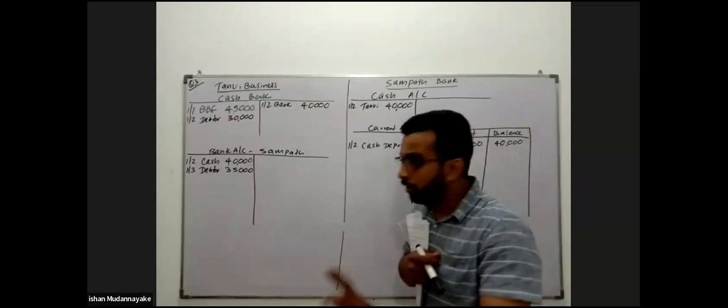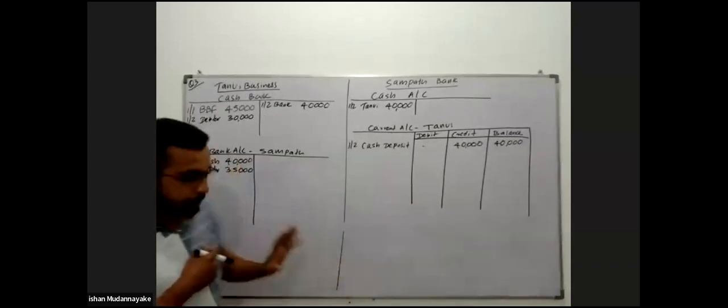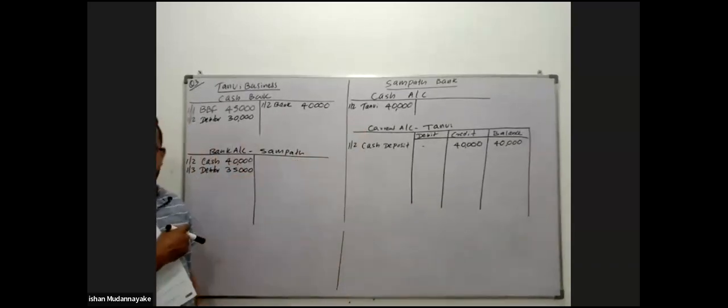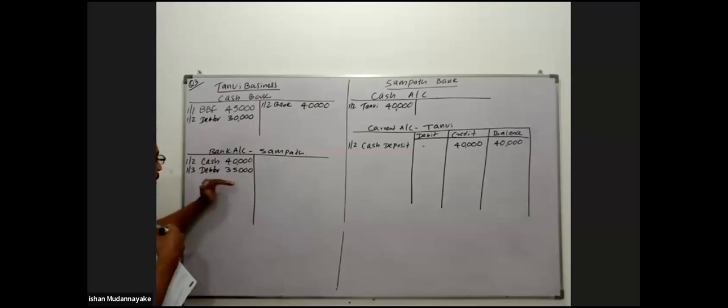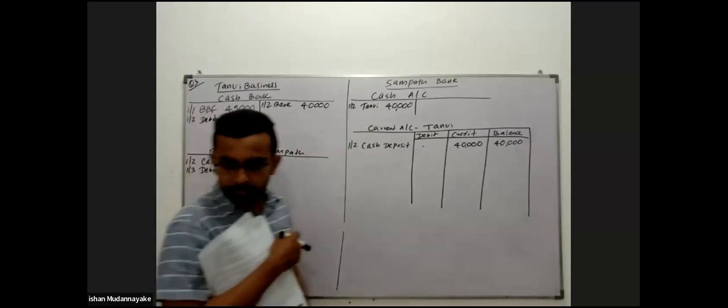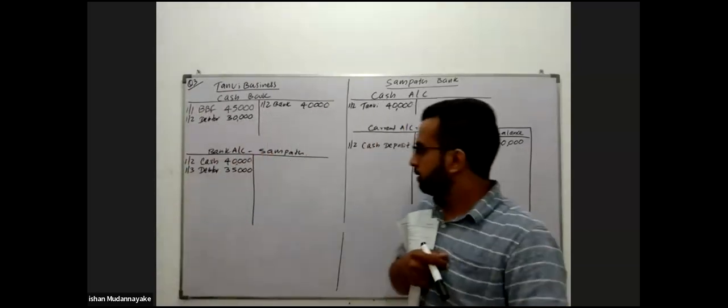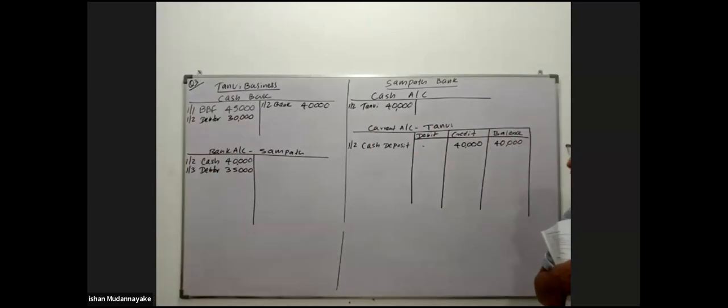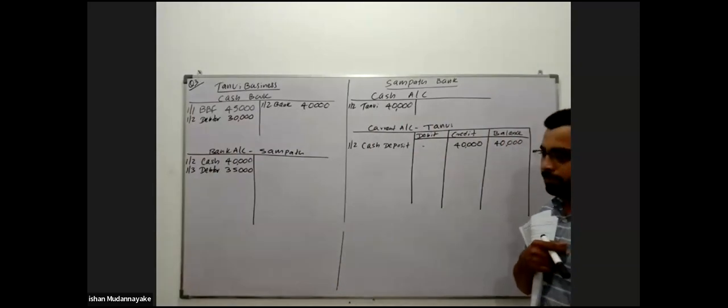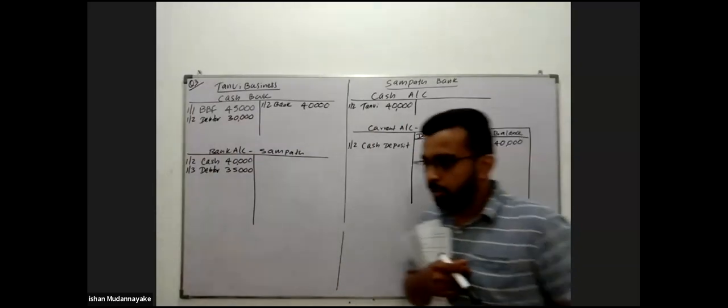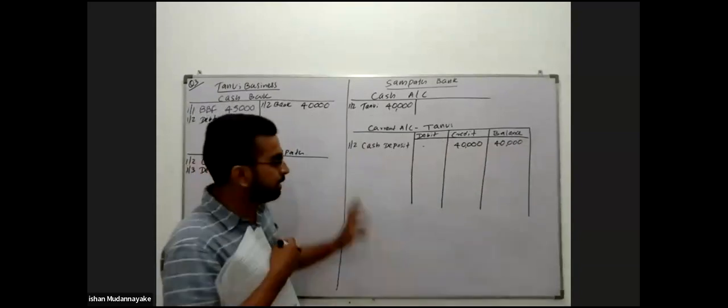After passing this double entry, you can deposit this check in the Sampath Bank. Now I quickly pass this double entry in your bank account. 3rd January, debtors 35,000, bank account debit. Okay, right. Now you deposit this check in the Sampath Bank.